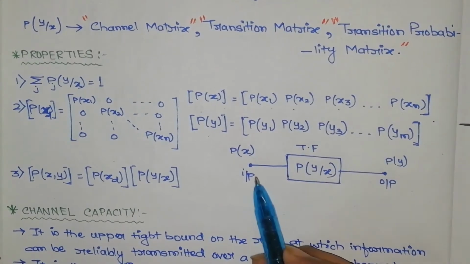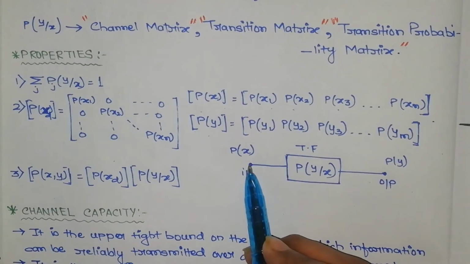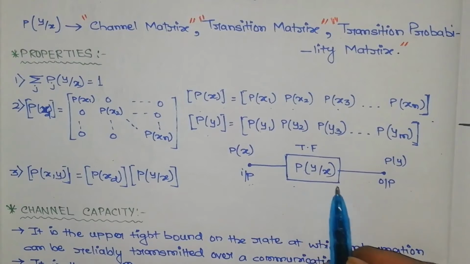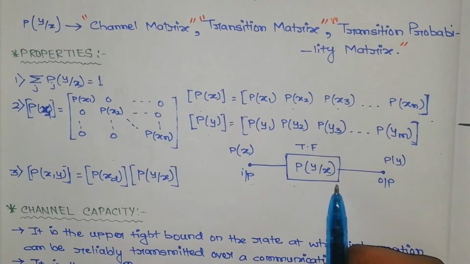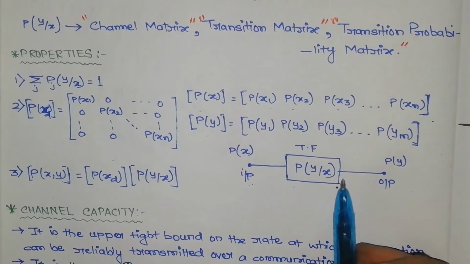So we can design it as a control system where the input is p(x) and the output is p(y), and there is a transfer function p(y/x). So this is a very common simple first order control system.